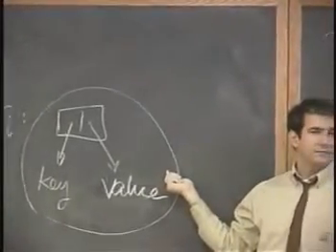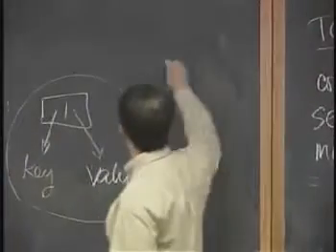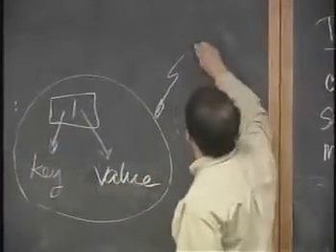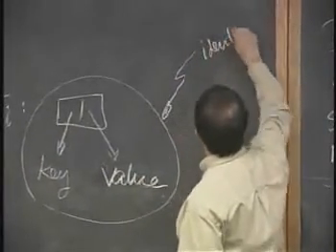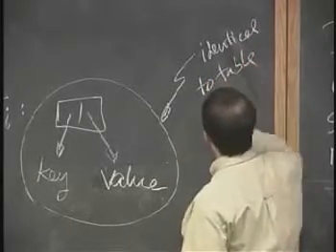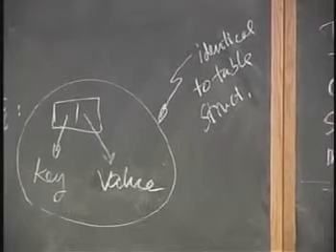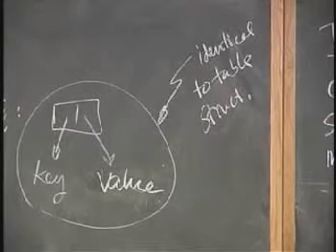Does everybody see that? It's a little bit subtle. If we're not careful, this structure is really identical to the table structure. It's the same thing. We're just calling it different names.